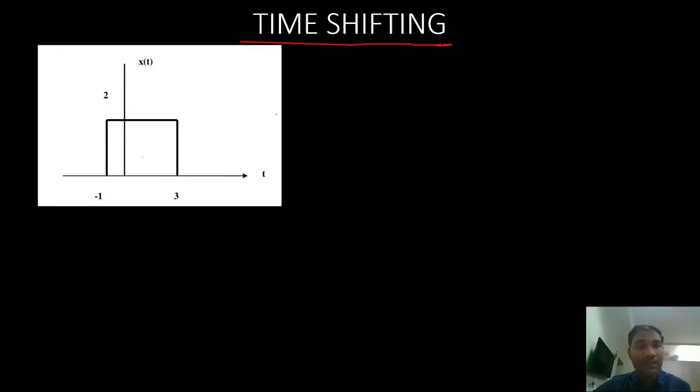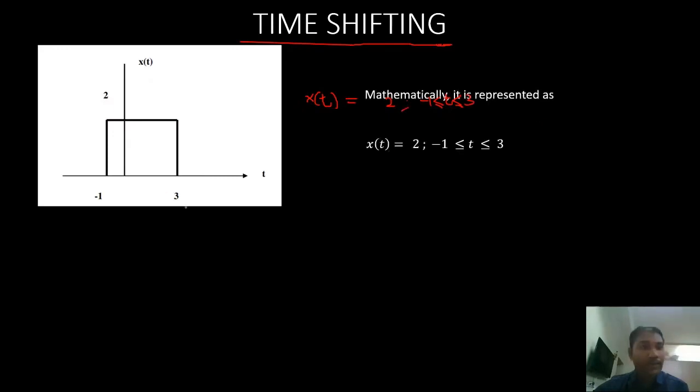So mathematically we can write x of t is equal to 2 for values -1 less than or equal to t less than or equal to 3, right? So mathematically this graph can be written as this equation. Now shifting in time, so we need to shift this signal in time.